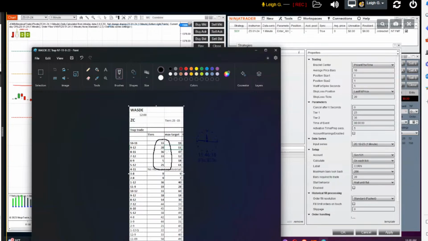And our tiers are 25 and 35, or it could be 23 and 35. I like the setup that we have. 23 and 35 is fine.